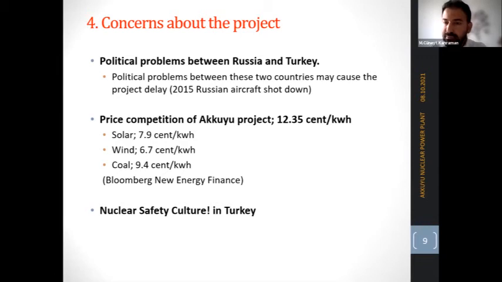So the governments, the Russian government and the Turkish government, really trust each other. And there are some issues missing in the agreement, and they just trust each other and they sign the agreement. It could be a problem, but hopefully it didn't.